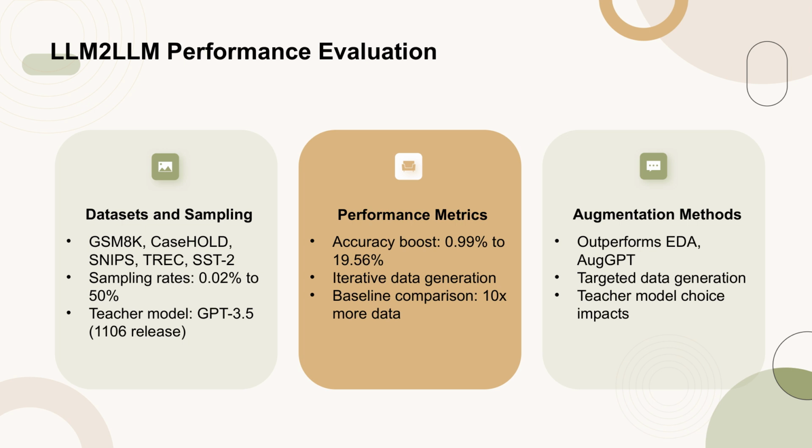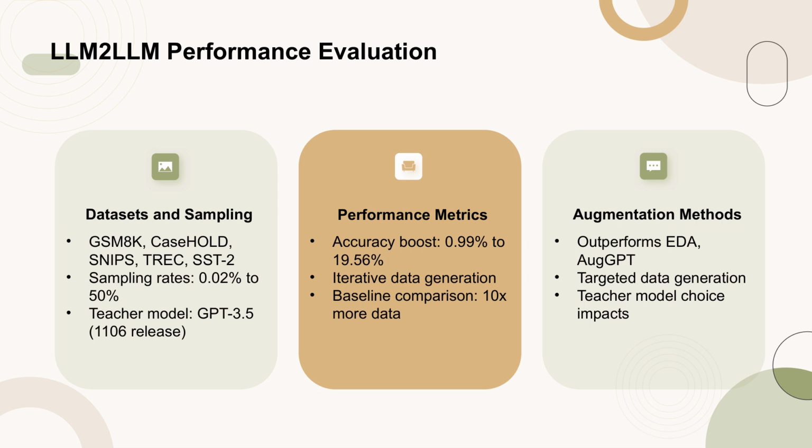The teacher model for these results was primarily GPT-3.5. We observed significant improvements in accuracy, for instance, boosting test accuracy from 0.99% to 19.56% on GSM-8K with only 1% of the training data. This performance enhancement was achieved through iterative data generation based on model mistakes.